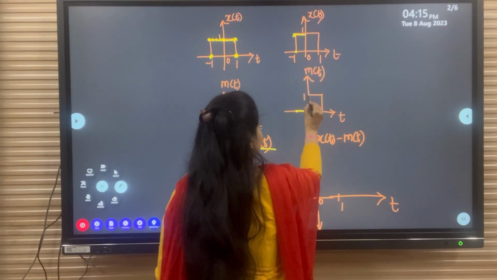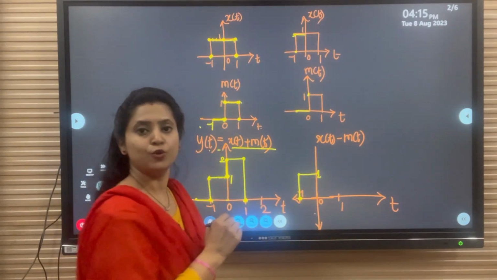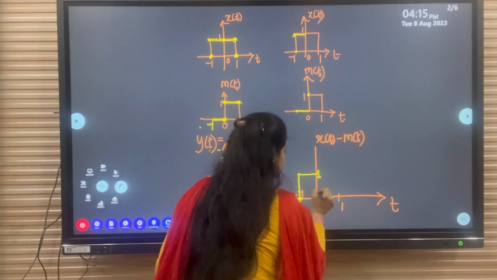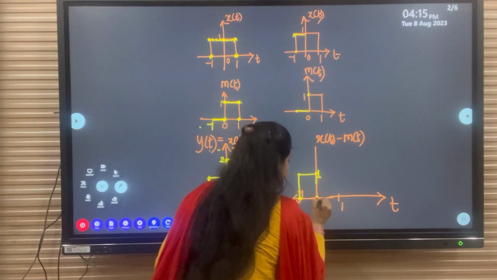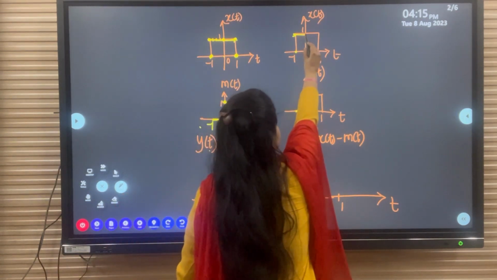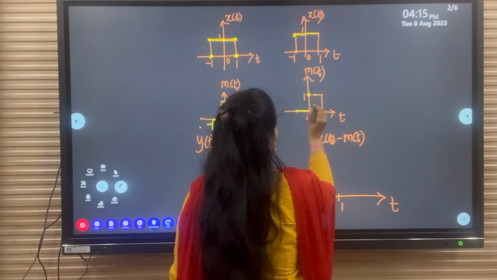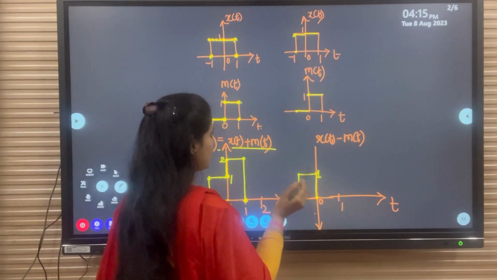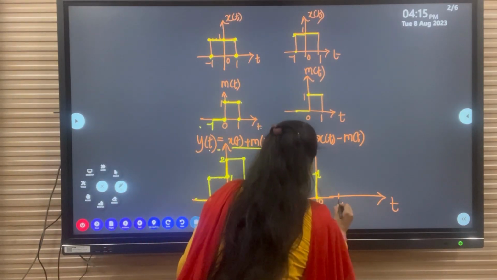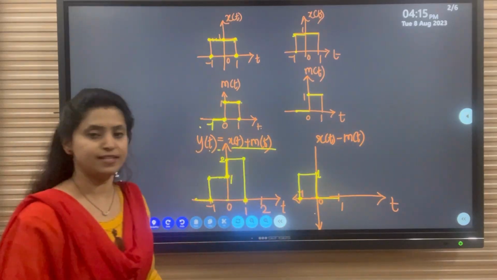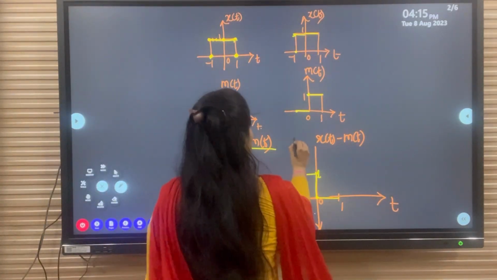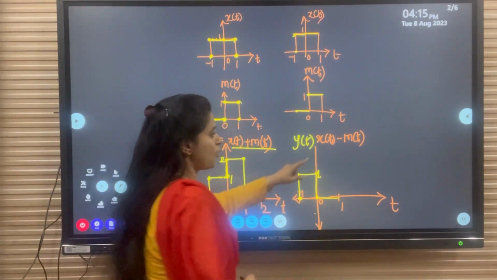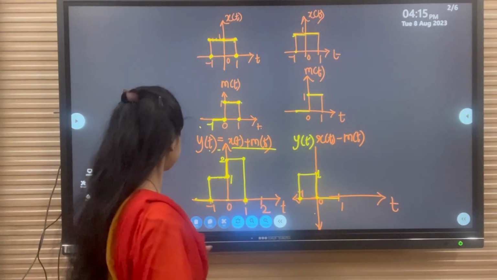Then 1 minus 1 is equal to 0, which means here I am having a transition. Then this signal is 1, this signal is 1. So 1 minus 1 is equal to 0. So continuously I have this signal as 0. So this is your output y of t, that is x of t minus m of t.